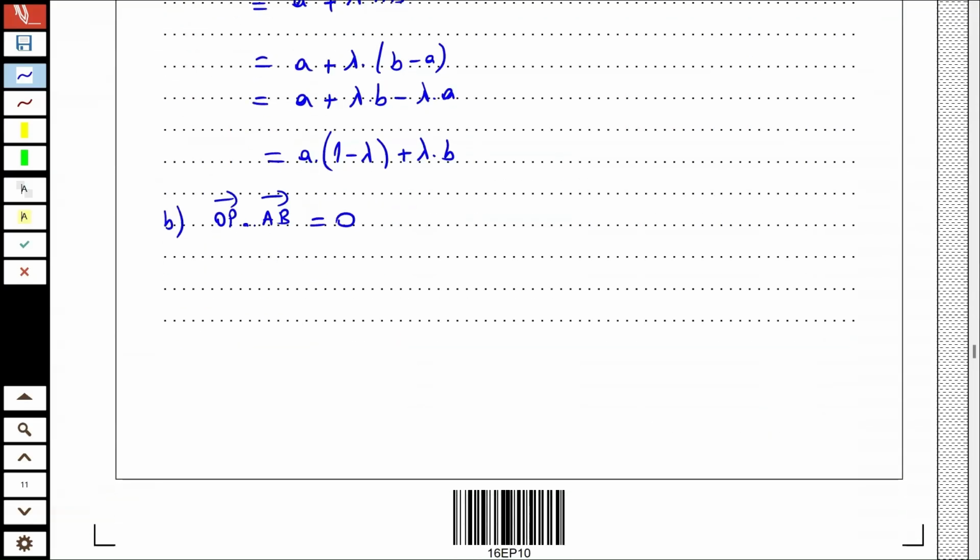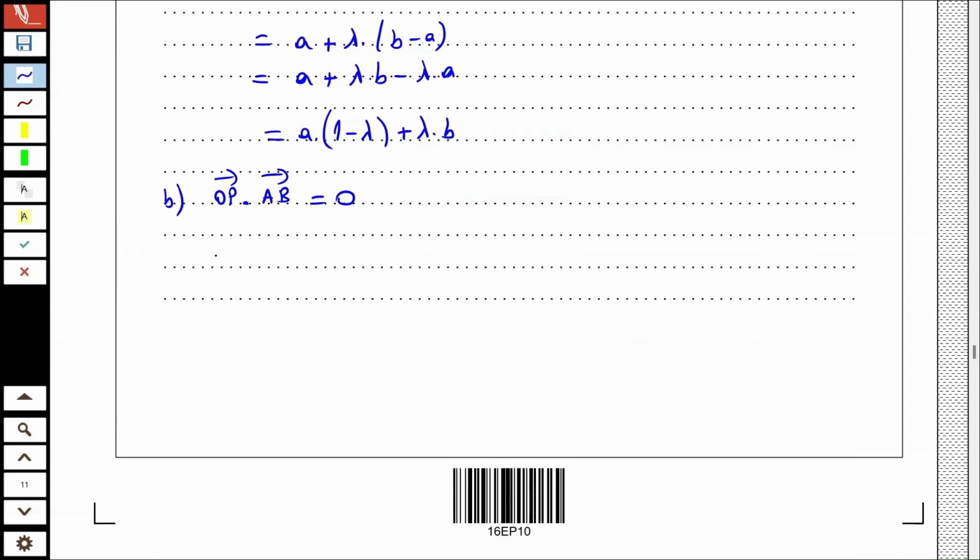In the previous question, we found OP equals (1 minus lambda) times A plus lambda times B, and we're going to multiply it by B minus A, because the AB vector means B minus A.